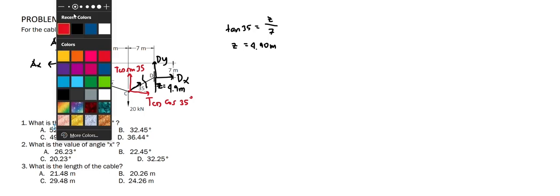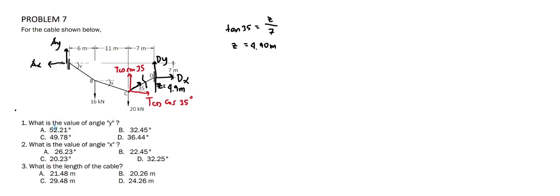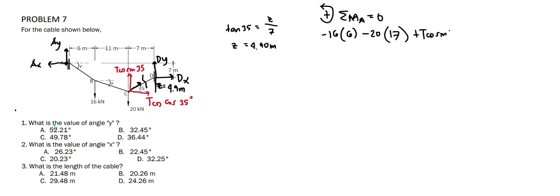Now to solve for tension CD, what we can do is take moments at point A so that we only expose tension CD. We can create an expression of one variable, that is tension CD. Doing so, summation moment at A equal to 0, and considering counterclockwise to be positive, here we have negative 16 because it's going in the clockwise direction, times 6 meters, minus 20 kilonewton times 17, plus tension CD sine of 35 degrees times a moment arm distance of 17 meters, and then plus tension CD cosine of 35 degrees times the moment arm distance of, we have solved, 7 plus 4.9, that is equal to 11.9, equal to 0.